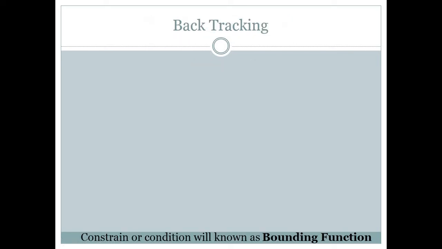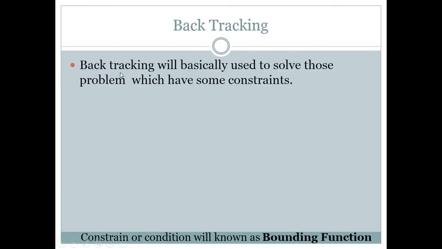Now, backtracking. Backtracking is basically used to solve those problems which have some constraints. Constraints means some conditions.